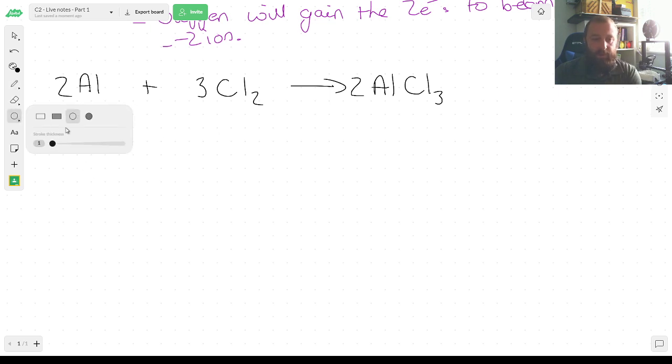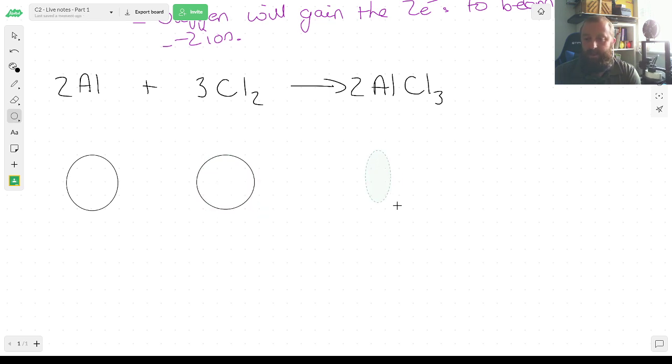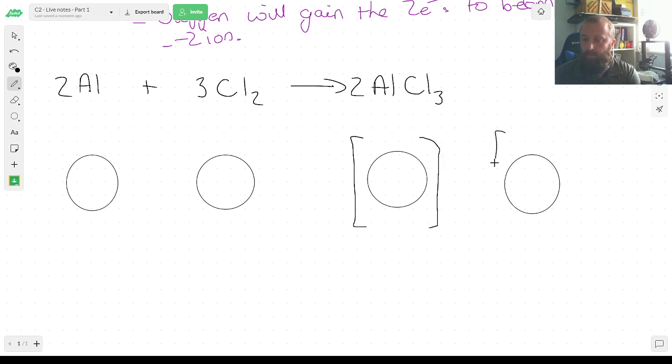We're going to do the same as we've done before. I'm going to start off with my 4 outer orbits, 2 atoms, 2 ions. And I'm going to put my square brackets in first this time. So, aluminium, chlorine, aluminium, chlorine.